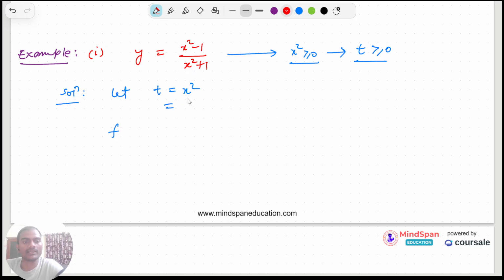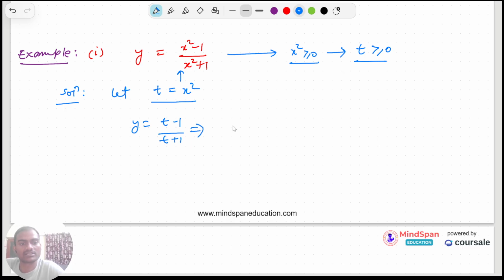Now if we replace with t equal to x square in this function, what we get is y equal to (t minus 1) over (t plus 1), right?